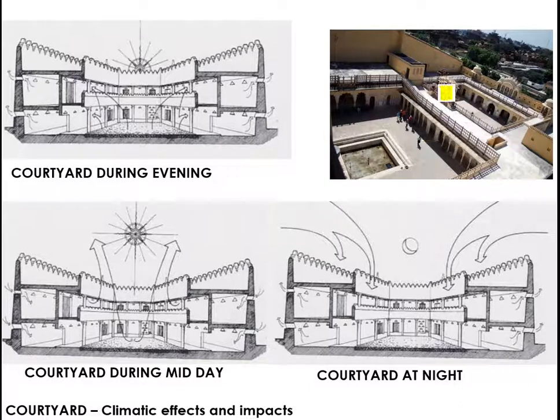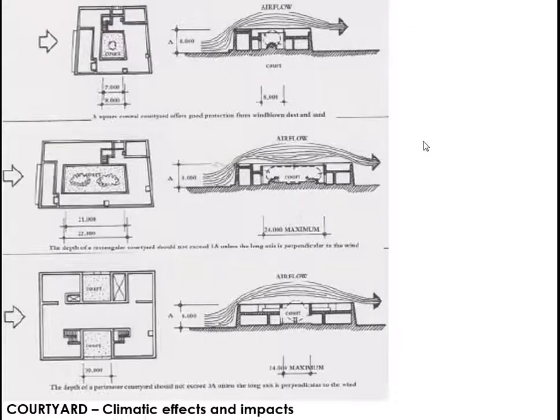These corridors and rooms get cooled because of the evaporative cooling technique and the wind movement, and this is used both day and night. So courtyards were used for both lighting and wind influence or wind velocity.